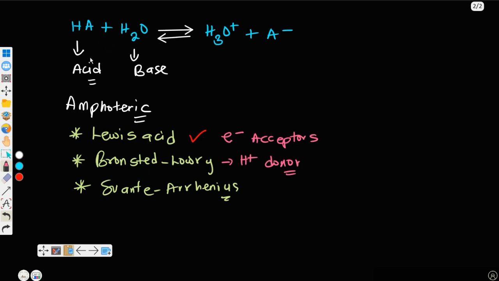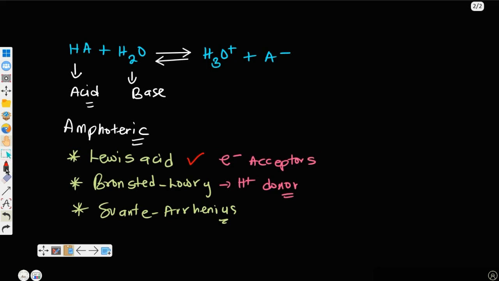Now, one thing that you should know is that an acid here will form a conjugate base at the product side, while a base here will form a conjugate acid at the product side. In this reaction, you agree with me that this HA actually donated a proton to H2O, which gives us H3O plus.